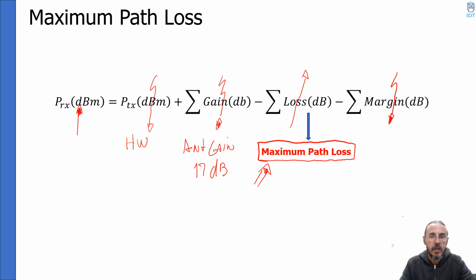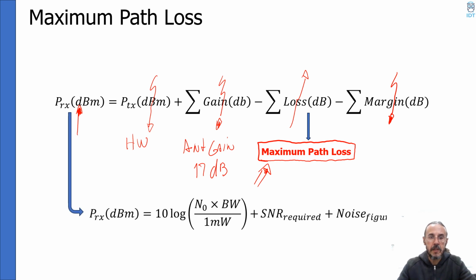We must calculate this value, and we can do this by using this equation here. The total reception power is equal to 10 log. This is the density of the noise on the system.